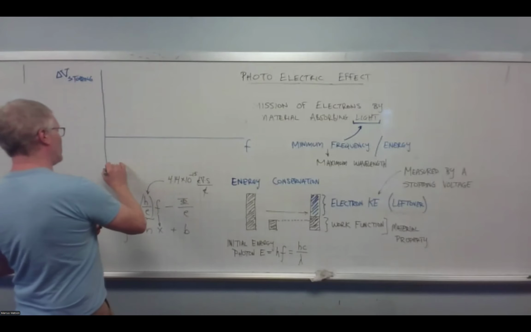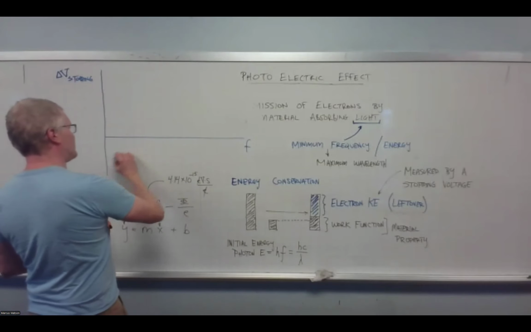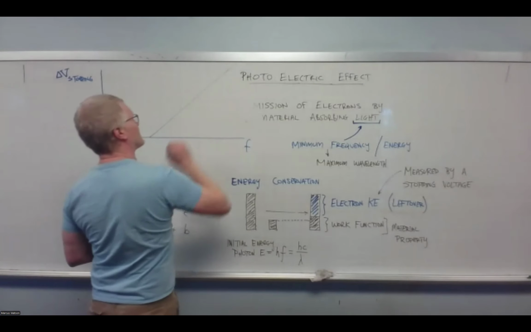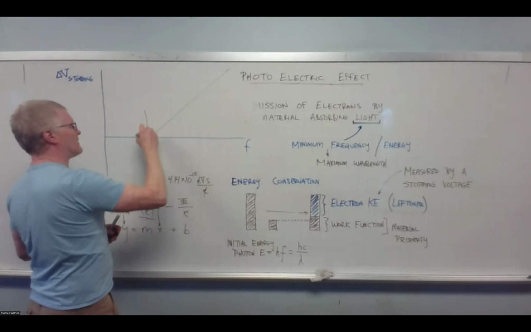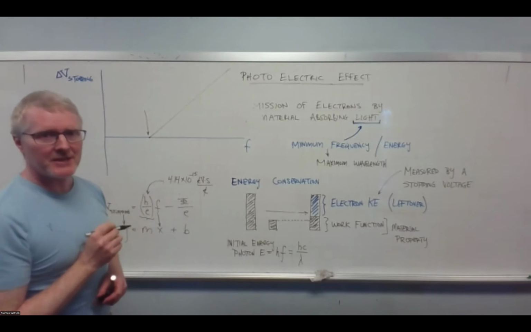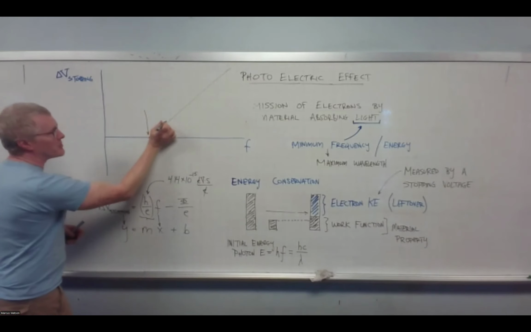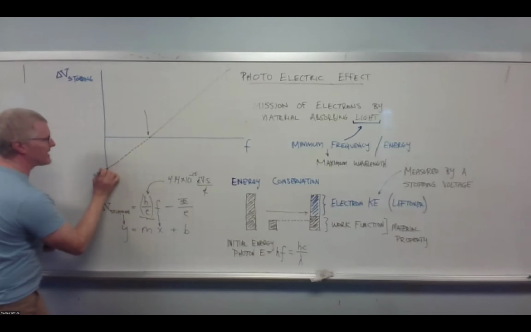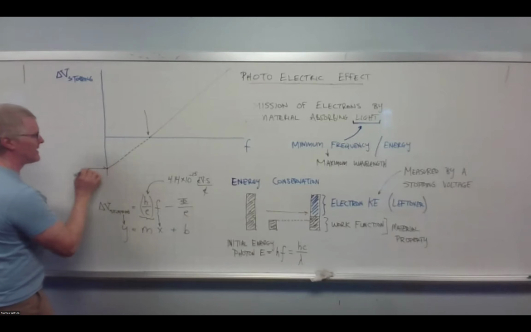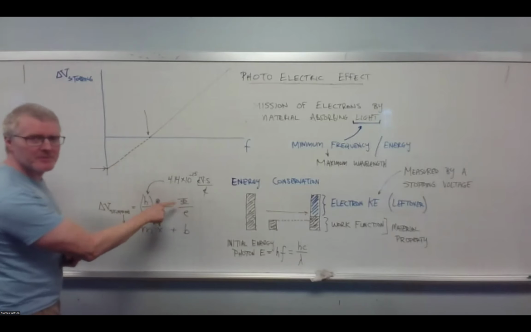So if you'd say, oh, I've got a line here, like this, there's a frequency axis intercept. If I trace this line backwards, you can see that there is a negative y-intercept here, and as we've already pointed out, this must be the work function.